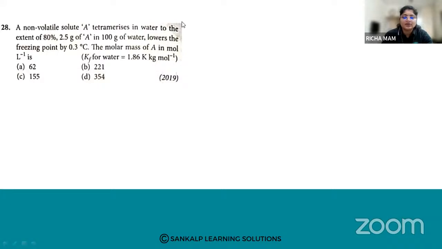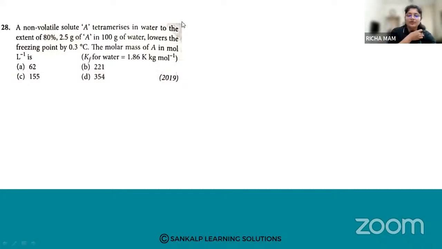I'll read the question once again. A non-volatile solute A tetramerizes in water to the extent of 80%. 2.5 grams of A in 100 grams of water lowers the freezing point by 0.3 degrees Celsius. The molar mass of A in mole per liter is.